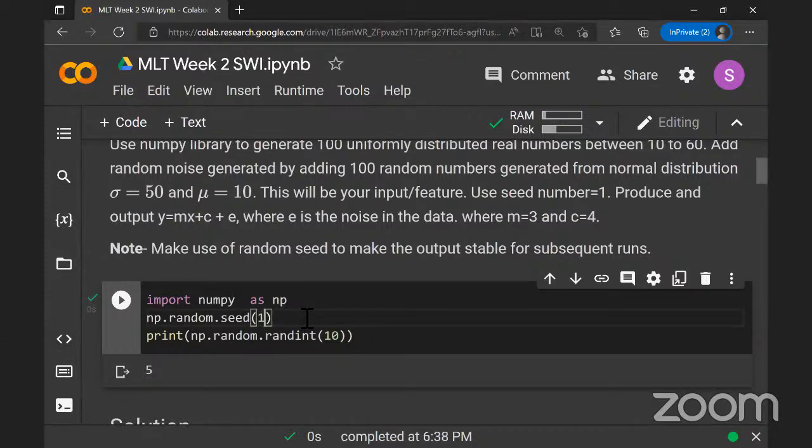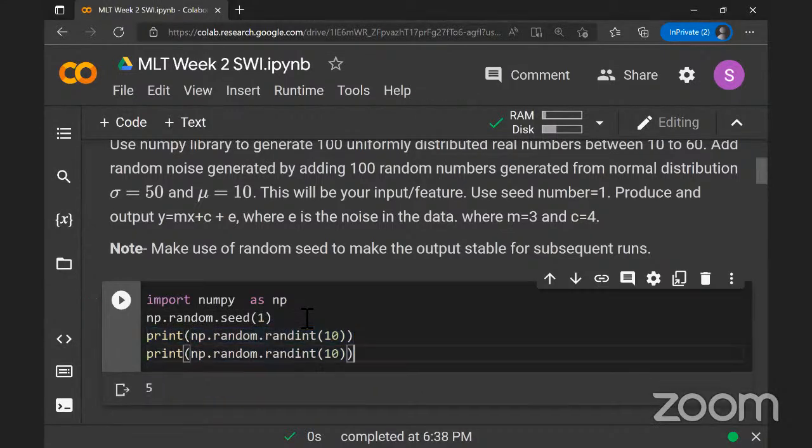Once the random number is generated, it will always be the same one. Yes, the procedure becomes reproducible. So if I use this one more time, now I'm going to get a different answer. But if I keep executing these statements after setting seed 1, I'm going to get the same answers across different experiments.